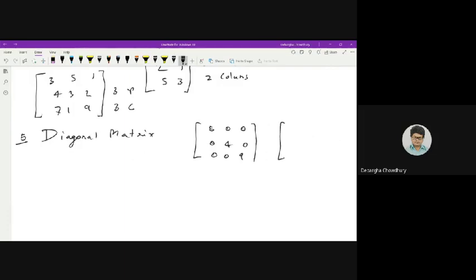Also, let's say 6 0 0 2. This is also an example of a diagonal matrix. The next one is the unit matrix.